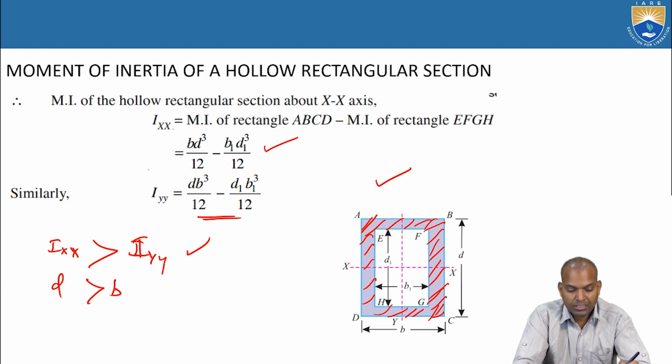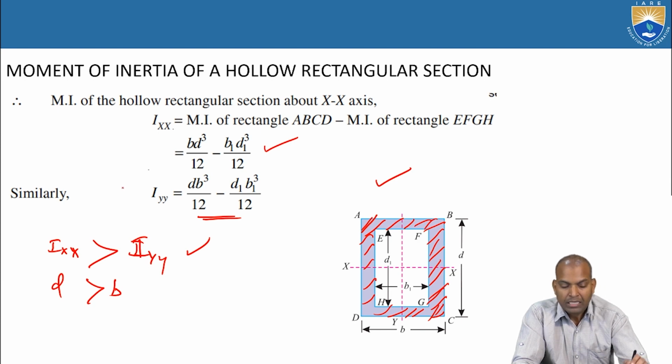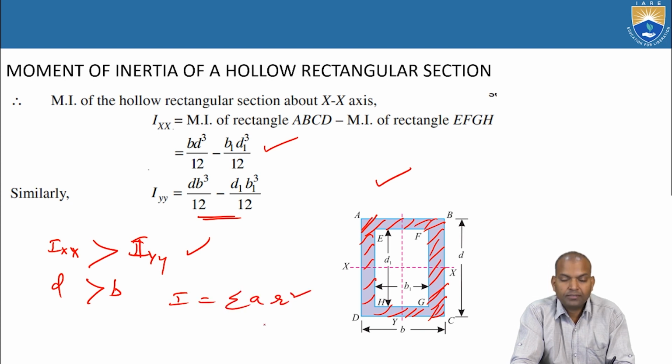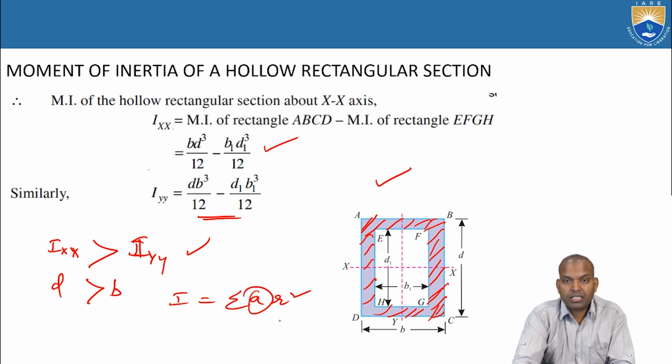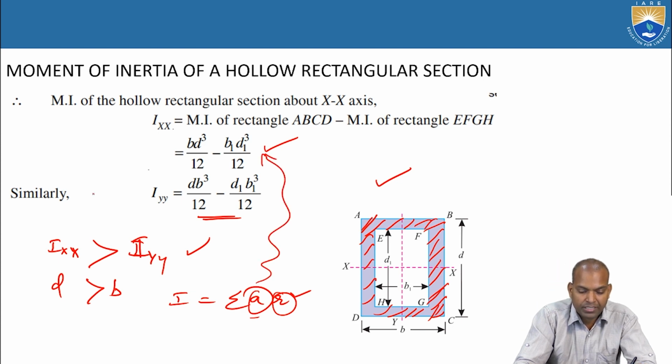Now, very important is that the moment of inertia is dependent on two parameters, one is B and the other one is D. In the concept of moment of inertia, A r squared, here A is the area of cross section and here r is the corresponding distance. From this we derived the expression for the hollow section.